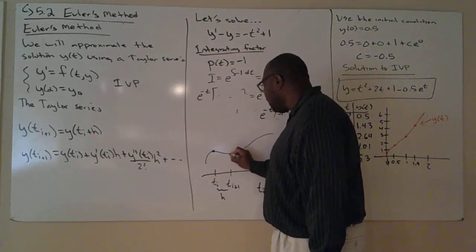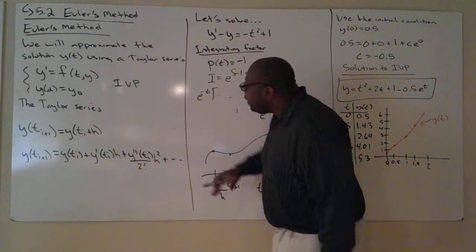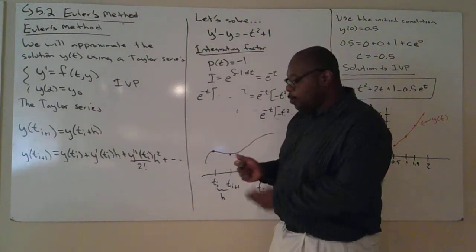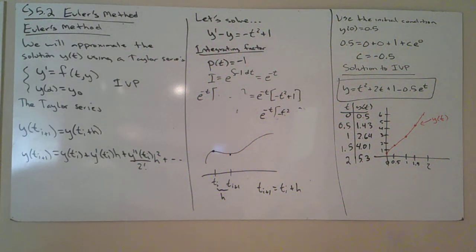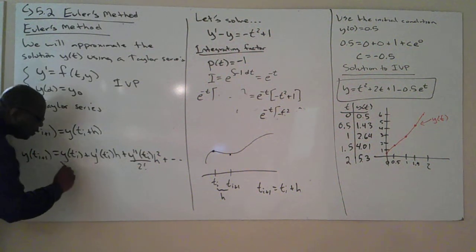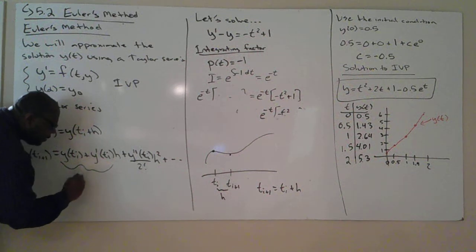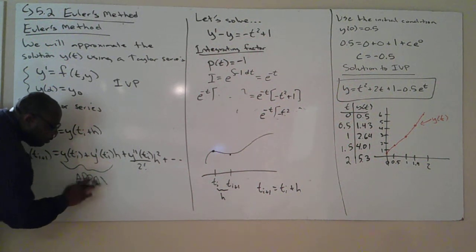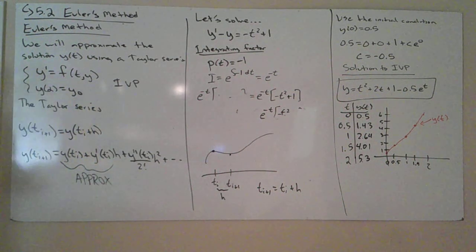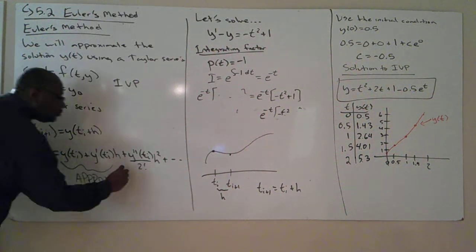I could use this entire Taylor series, or I could just take the first two terms. I'm going to take these two terms as my approximation, and the rest of it is going to be my error.